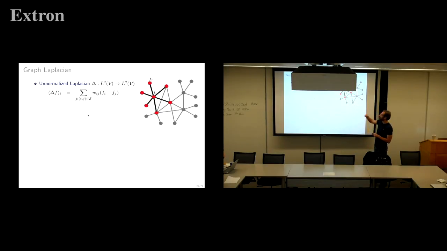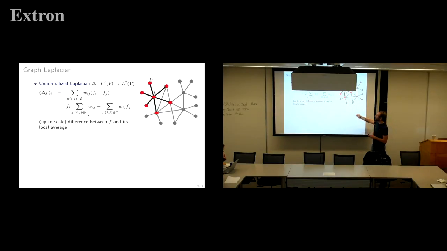If you rewrite this sum slightly differently and divide everything by the sum of the weights, what is usually called the degree in graph theory, you get the average in the neighborhood of vertex i, the vertices that are directly connected, and that is compared with the value of the function at the vertex itself. So it's this kind of local averaging and difference.